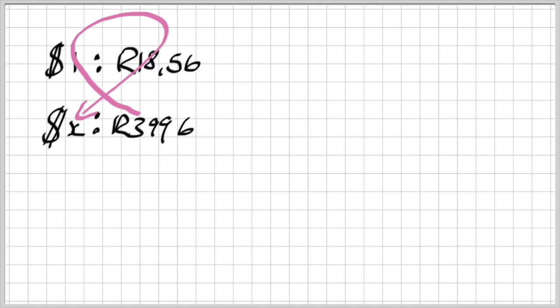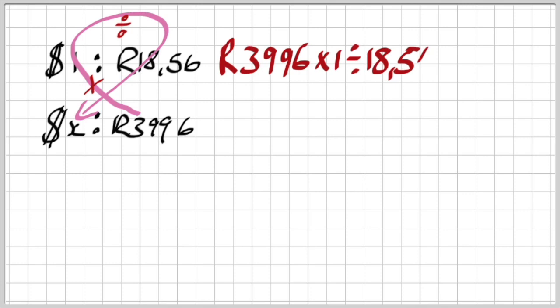First of all, when I go up, I multiply, and when I go down, I divide. In other words, I'm going to take the 3,996 and multiply it by 1 and divide it by 18,56. And that, ladies and gentlemen, gives me the X value.